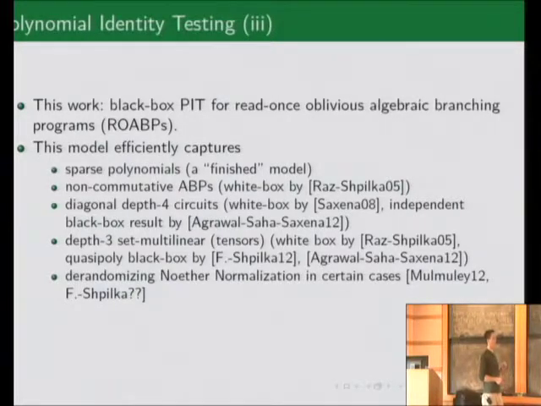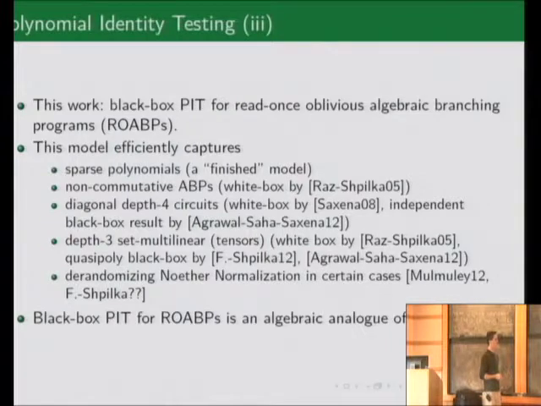I think the consequences are not quite as drastic as what Mulmuley would suggest, but we can talk about that. Partial work towards this, and we can talk about it afterwards. But I think that Mulmuley gave a reduction to PIT, and if you do this reduction a little bit differently, you get read-once ABPs, for what it's worth.